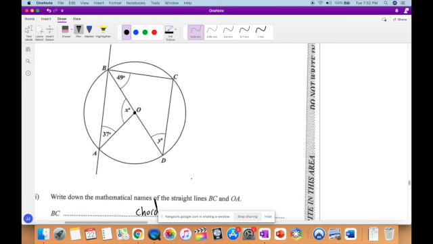So let's see what's going on with this. We can see that X is the angle at the center. Right? And Y is this. Now Y is subtended by this chord here, BC.